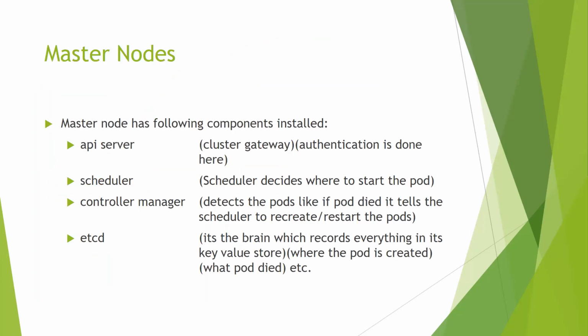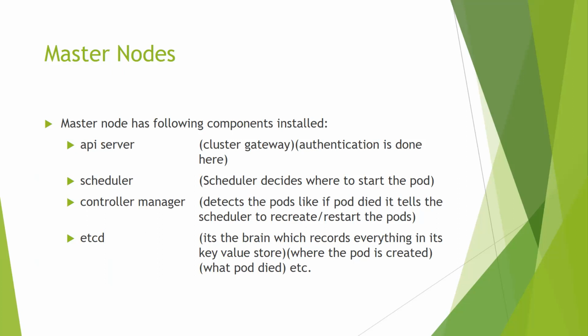Okay, so on the master nodes we have the API server, the scheduler, the controller manager, and etcd. These 4 processes are on the master nodes. What is an API server? Every request that comes to the control plane goes through the API server.